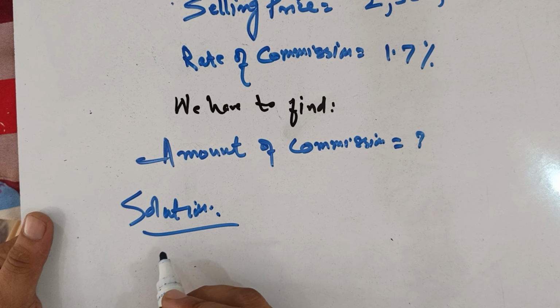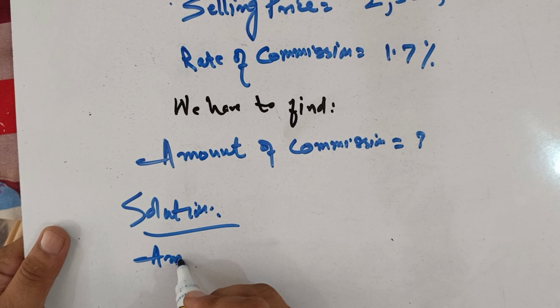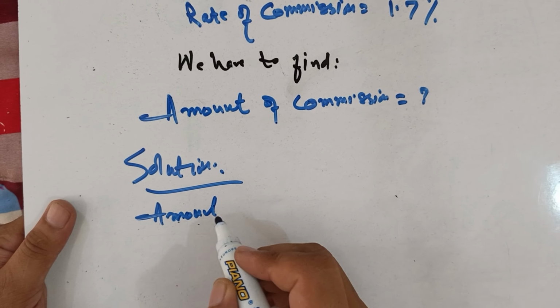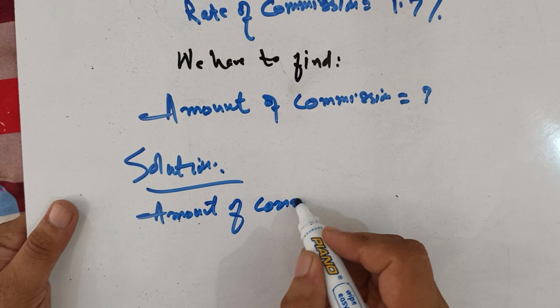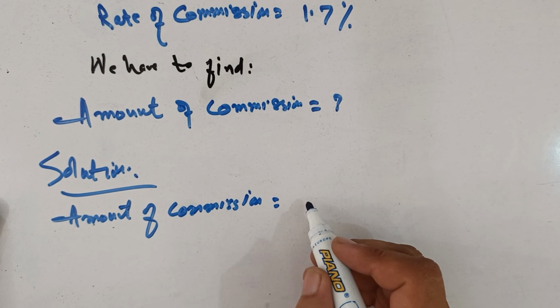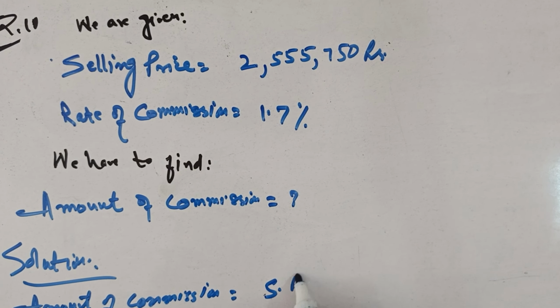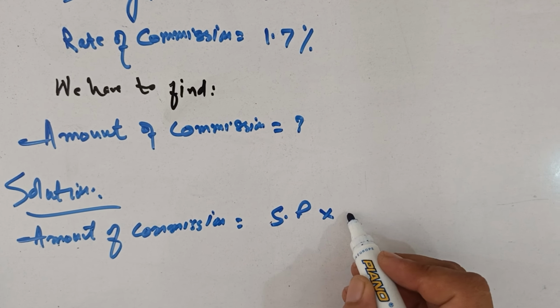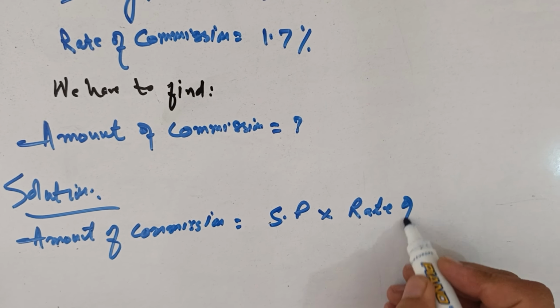We will write the formula for finding the amount of commission. Amount of commission is equal to selling price multiplied by rate of commission.